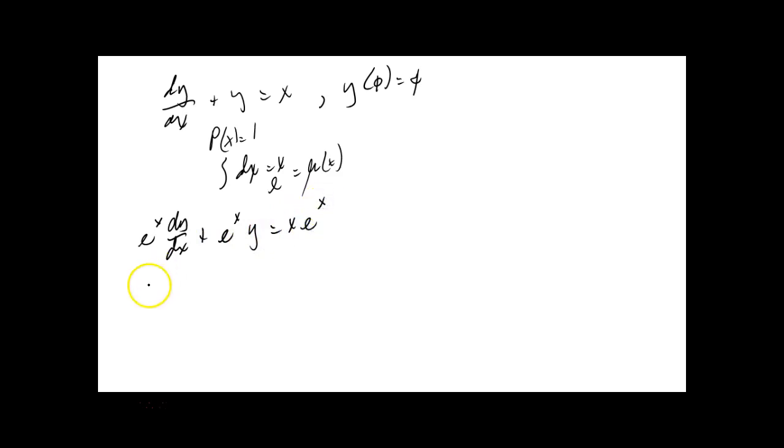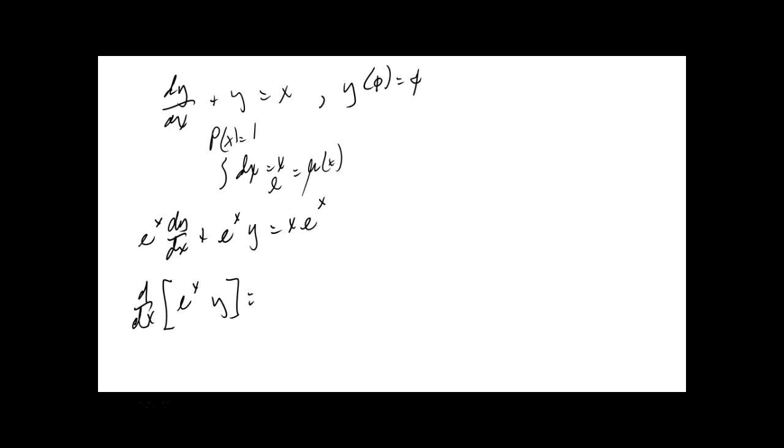And then what do you note? We hope it's the perfect derivative of your integrating factor e to the x times y. It's always what we hope that is. Let's check it and see. Because this is the product, we'll do the product rule. First times derivative of the second, plus second times derivative of the first.